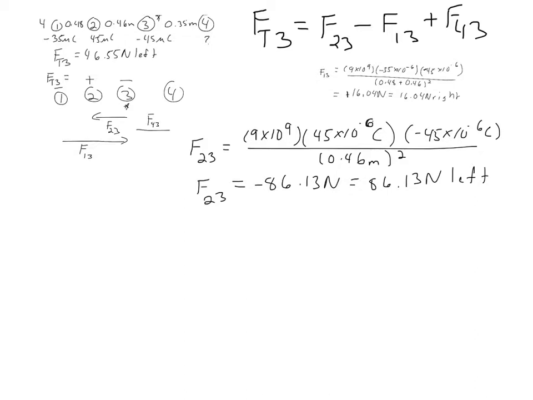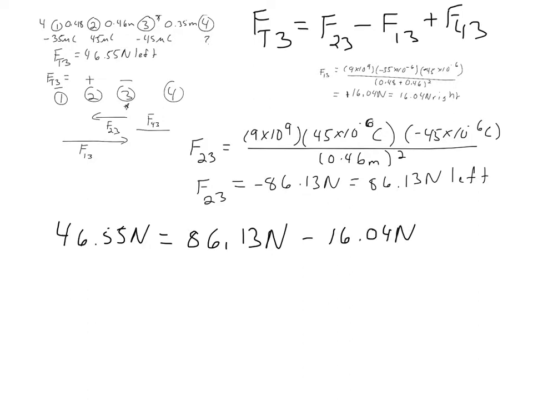So our total force is going to be 46.55 newtons, and we're going to make left positive and right negative, so equals F23, so 86.13 newtons minus the right force, which is 16.04 newtons, and we're going to say plus the force of 4 on 3.